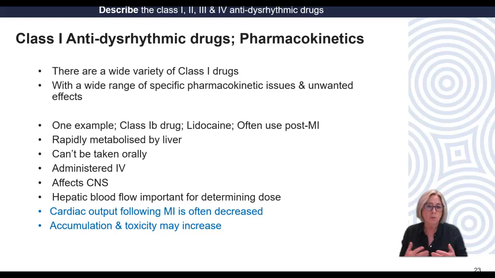What's really important when using lidocaine is that hepatic blood flow is important for determining the dose. But here, it's often used post-myocardial infarction where blood flow is low to begin with, and cardiac output is often decreased. So as a result of this, there's poor blood flow to the liver, and therefore that can cause the lidocaine to accumulate and toxicity may increase.